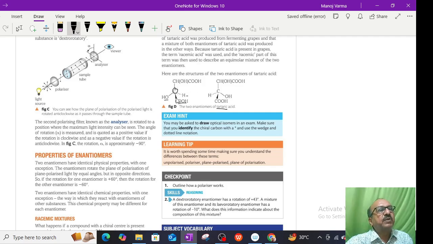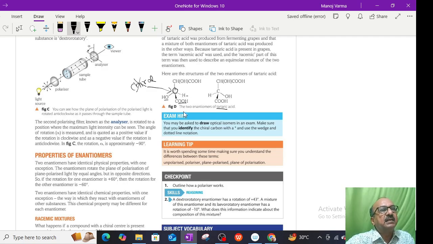So there are 4 different groups joined to this carbon, and this carbon is therefore called a chiral carbon. And only if a chiral carbon is present can the compound show this optical activity. That means it can rotate the direction of the plane polarized light. If this chiral carbon is not there, then that compound will not show any optical activity.